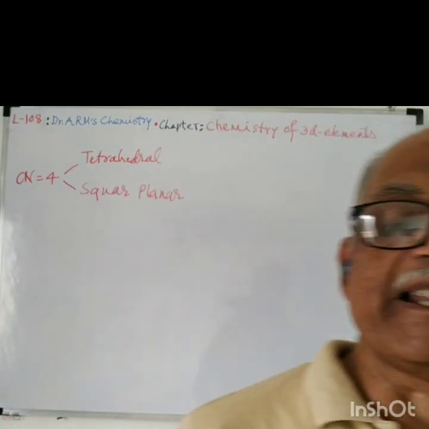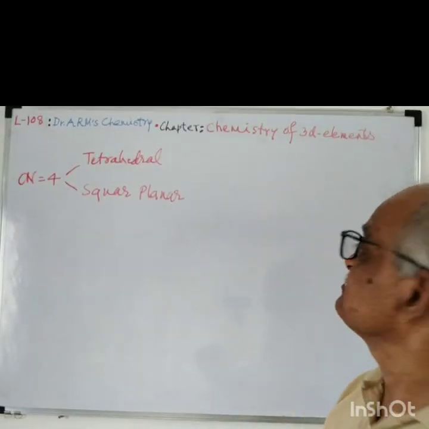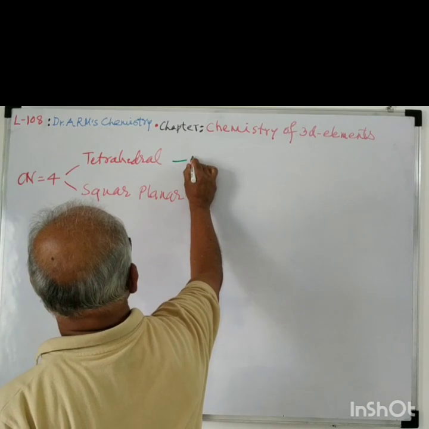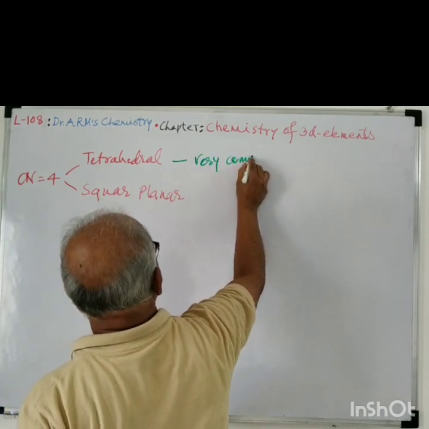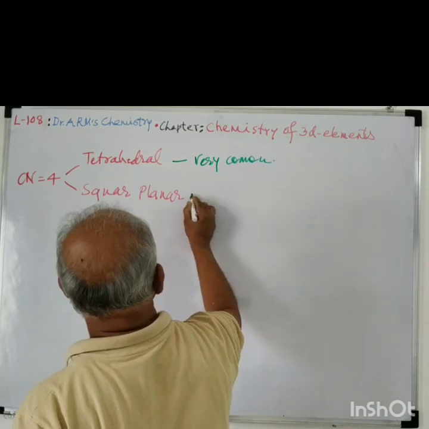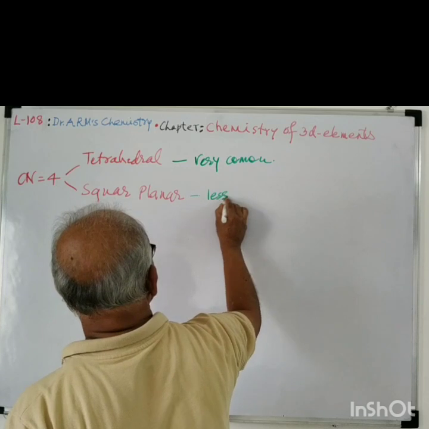Out of this, the tetrahedral geometry is very common, whereas the square planar is somewhat less common.